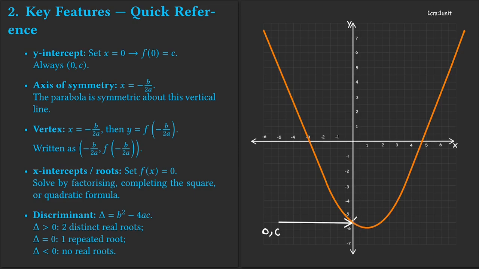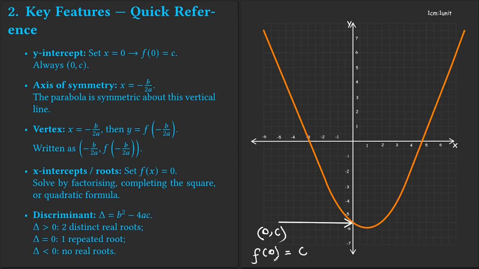Then it comes down toward my y that we have over here. And how do we actually get it? You just set your x to be 0 and then find the function f of 0, and that always gives you c. That is the first thing you should take note of in quadratic functions. That is the graphical one.